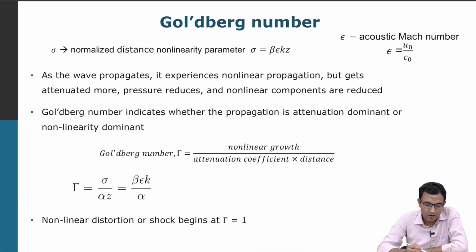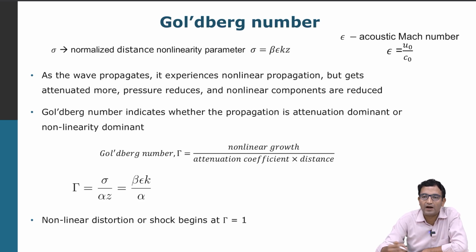So now let's talk about the Gol'dberg number, which I mentioned in the beginning of the lecture. First let's define this parameter called the normalized distance nonlinearity parameter, or sigma. Sigma is beta times epsilon k z. Z is the distance that you are traveling. Epsilon is the acoustic Mach number. You may have heard of Mach 1, Mach 2, Mach 3. So Mach relates to the speed relative to the speed of sound, right?